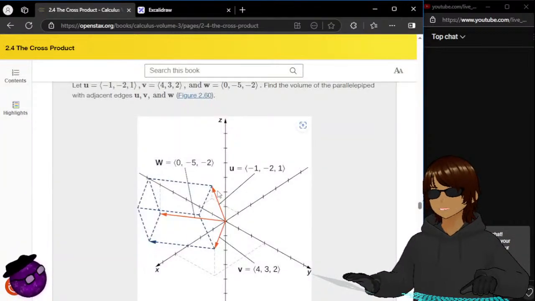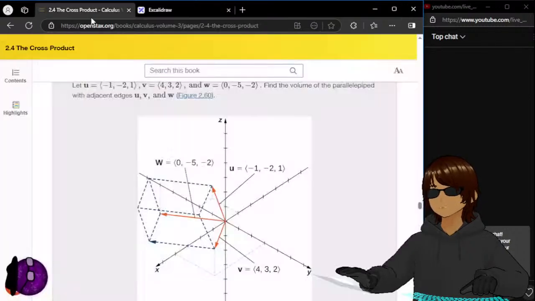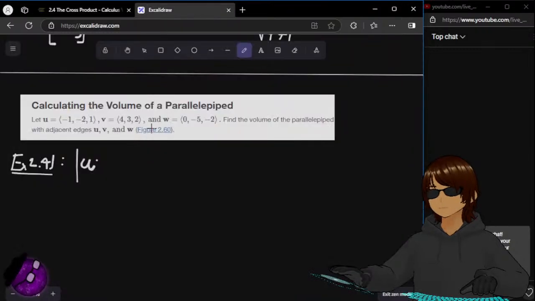So we have V, U, and then W. So we do V cross U, then U dot product with that. U dot product. Magnitude of V cross U, right? No, it's just V cross U. V cross W.